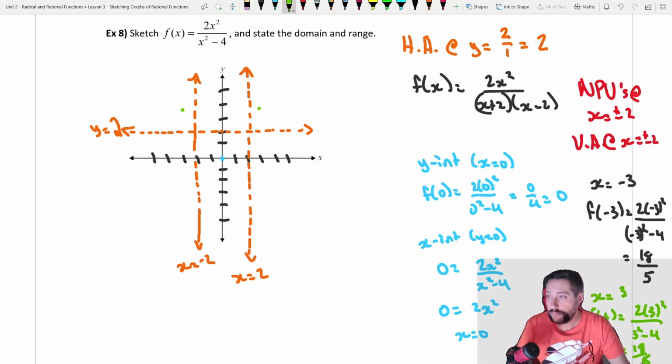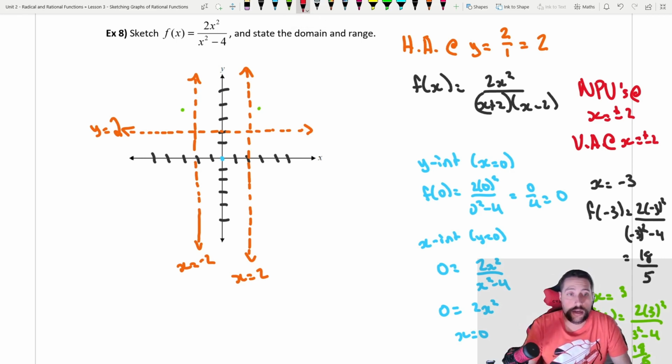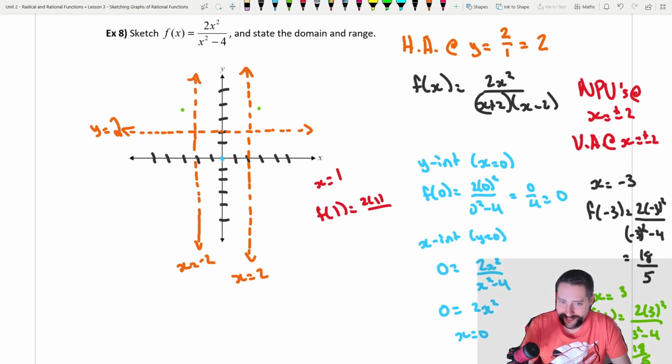We can also choose another point. Let's choose a point between x is equal to negative 2 and 2. Because we already have x is equal to 0, let's just choose x is equal to 1, just to cover all bases. So if x is equal to 1, we have f of 1 is equal to 2 times 1 squared, all divided by 1 squared minus 4.